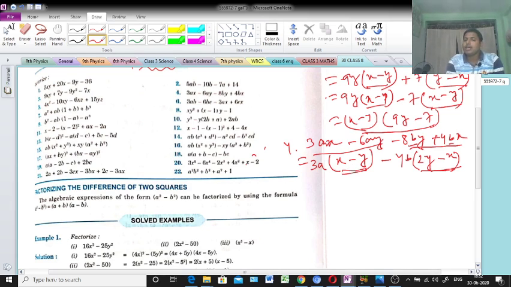Here not possible, that one not possible, here not possible. I am cancelling this one. So that means we can take first and third, otherwise first and fourth, we'll check it.